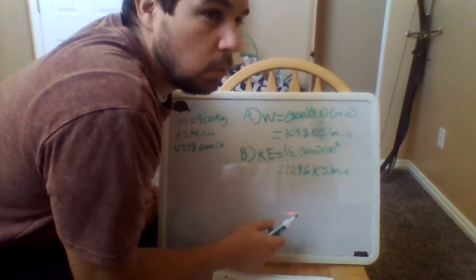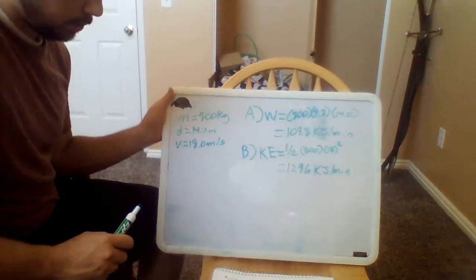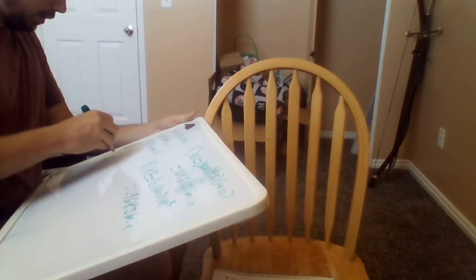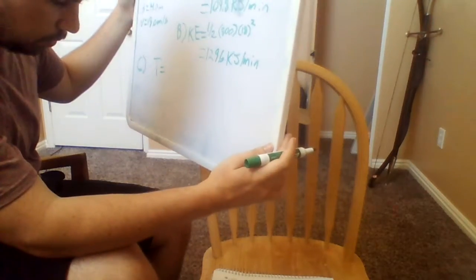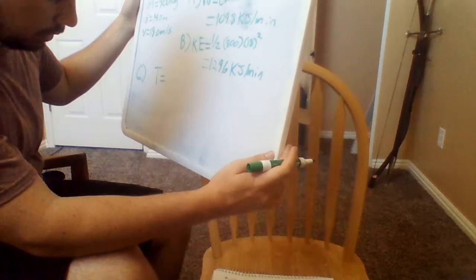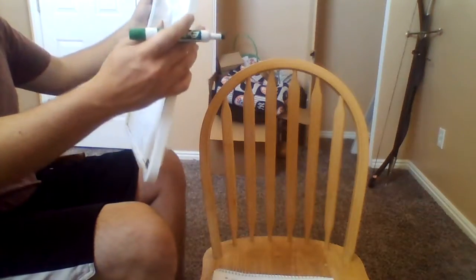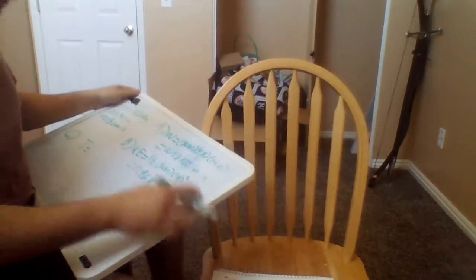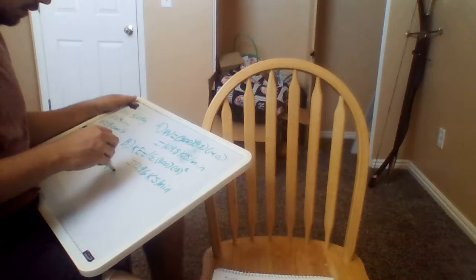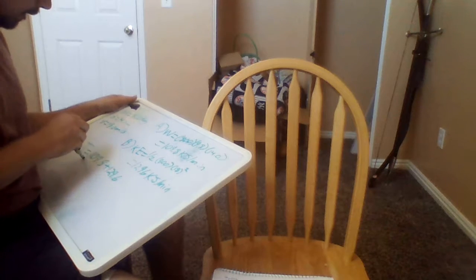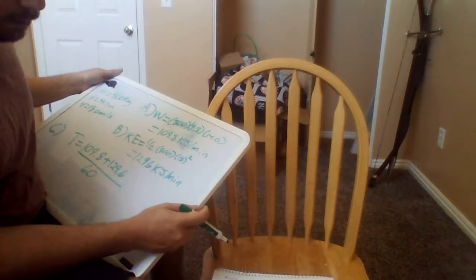And last, what must be the power output of the pump? So this is part C. We're going to say T for the total work, total power output, which is just, we're going to take our first one, which was 109.8 plus 129.6, and we're going to divide it all by 60 because we're going to want this in per second.